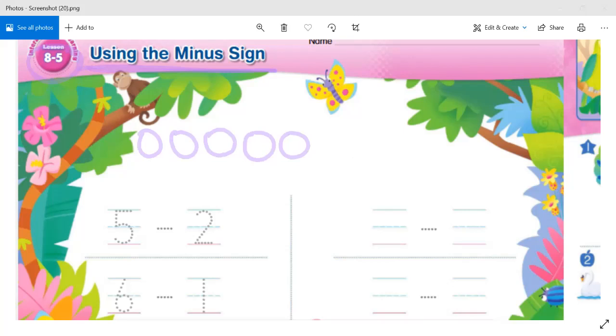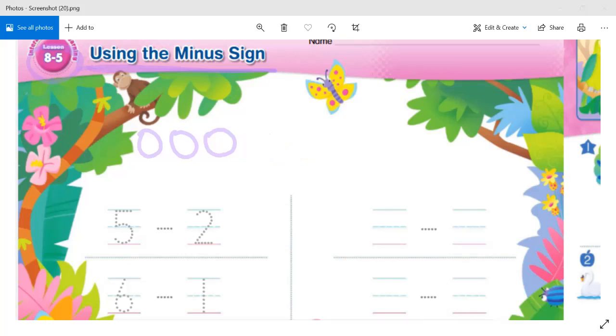There's 5 in all. So if we take away 2 counters to show that 2 parrots flew away, let's take away 2. 1, 2. 2 parrots flew away.